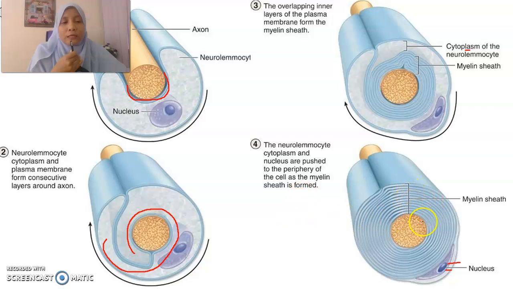Depending on the name of the neurolemmocyte, they may be oligodendrocytes or Schwann cells. Then they will be called the myelin sheath.